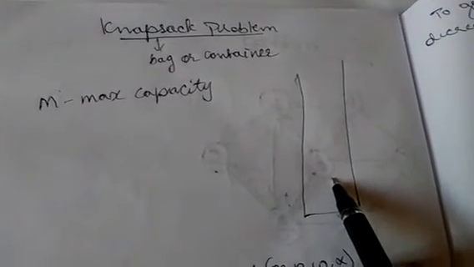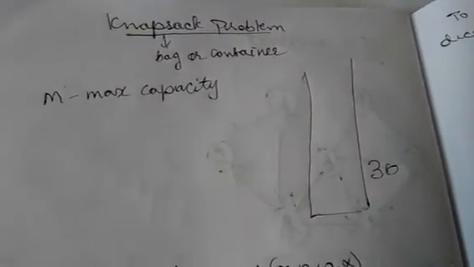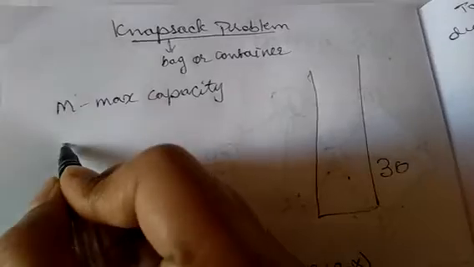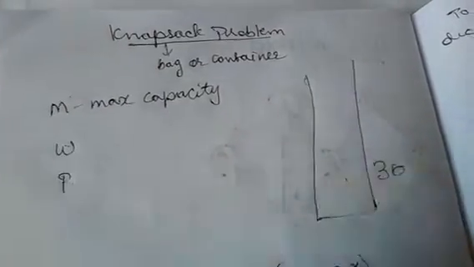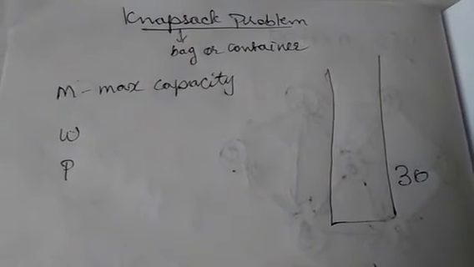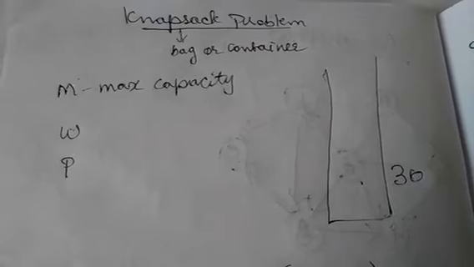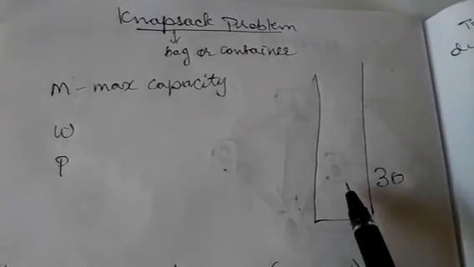Here for example I'll take the maximum capacity of this bag as 30 and I'll take some weights along with the profit. Here I'm not considering only the weights, along with weight you have to consider the profit, so that you get the maximum profit on filling the weights into this bag.